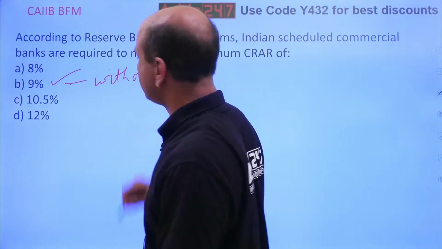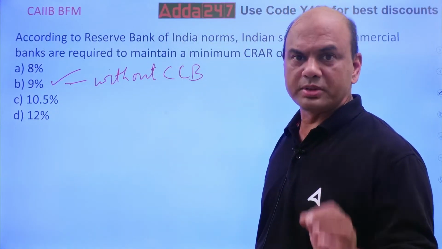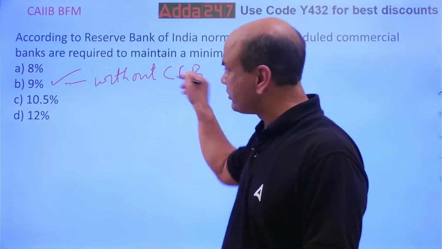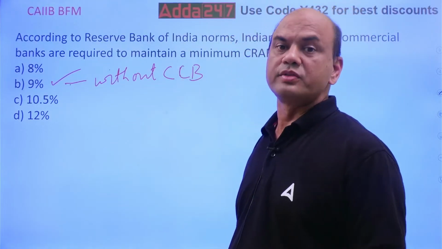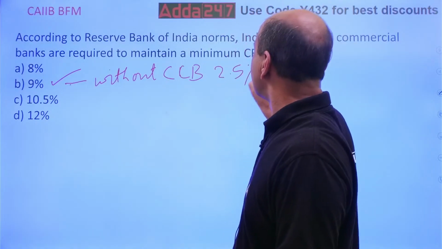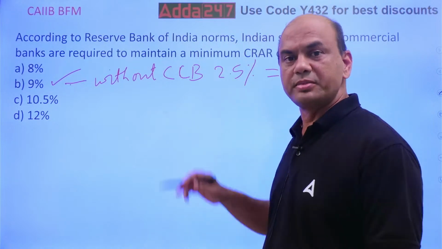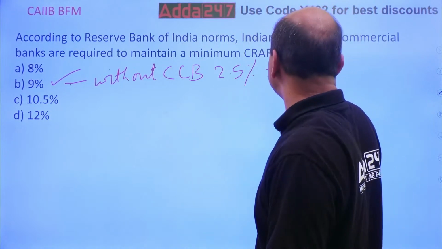But from 2021, RBI has made it compulsory that you have to maintain CCB. So now you have to maintain CCB of 2.5%. So your total CRAR becomes 9% as a basic one plus 2.5%, so it becomes 11.5.